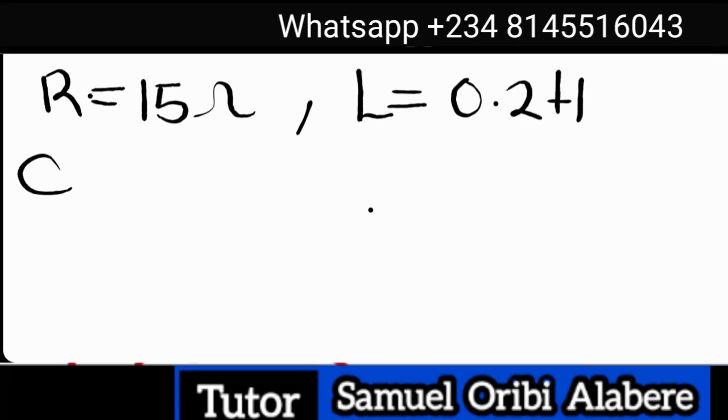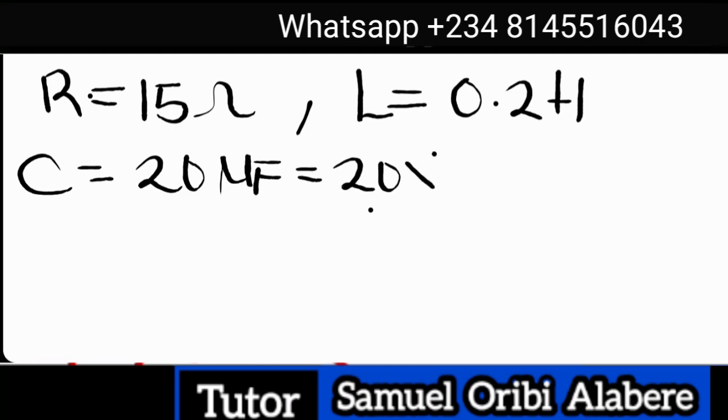The capacitance is equal to 20 microfarad, which is then equal to 20 times 10 raised to the power of minus 6 farad. It is important and essential that you convert it from microfarad to farad before you start your calculation.